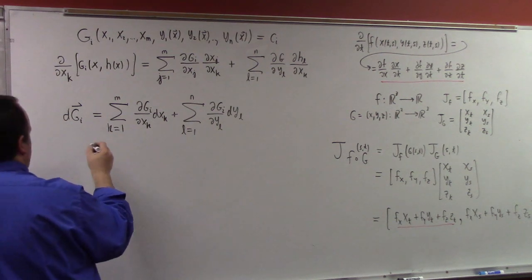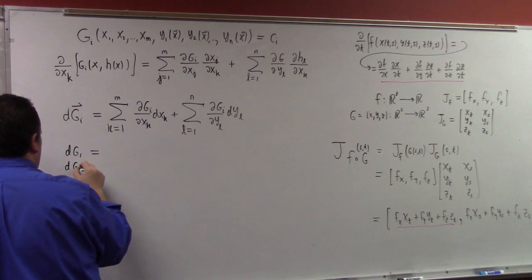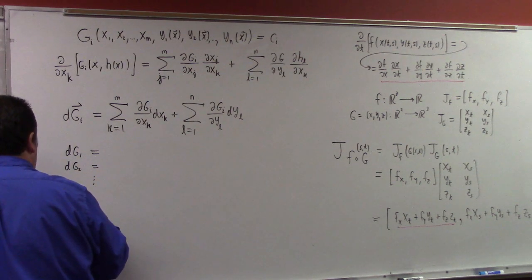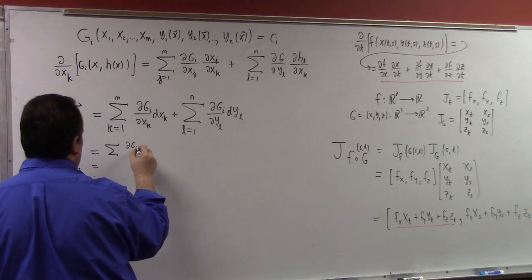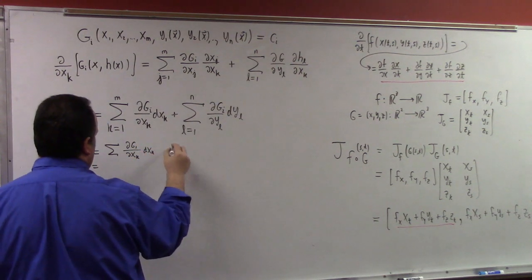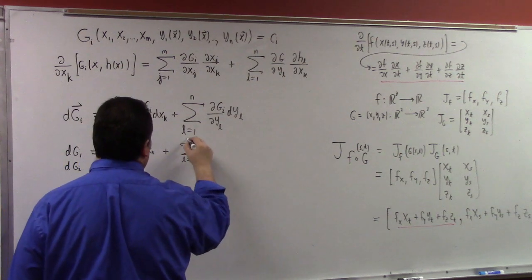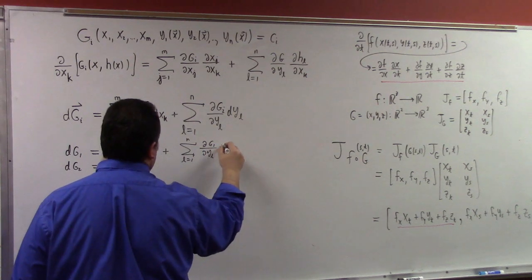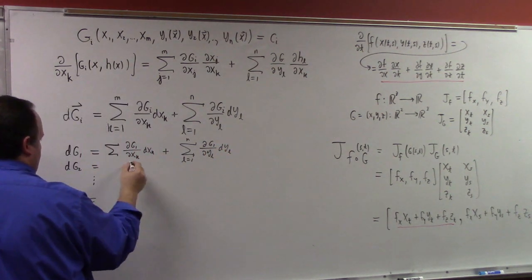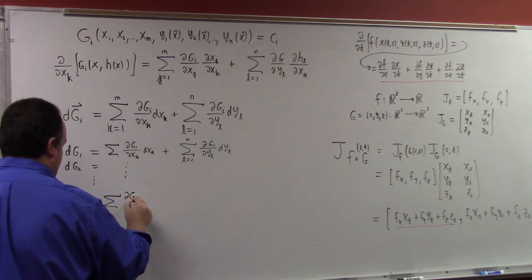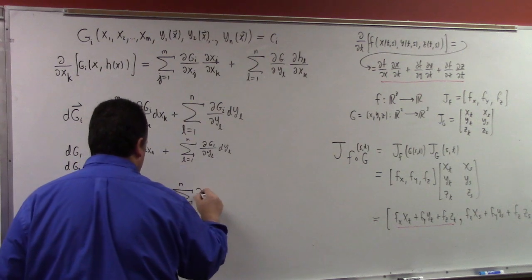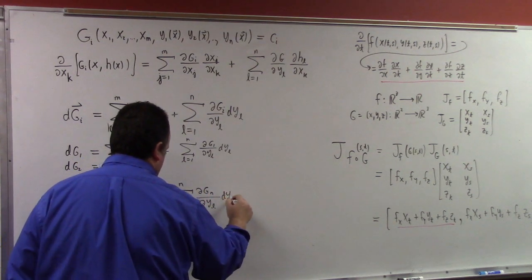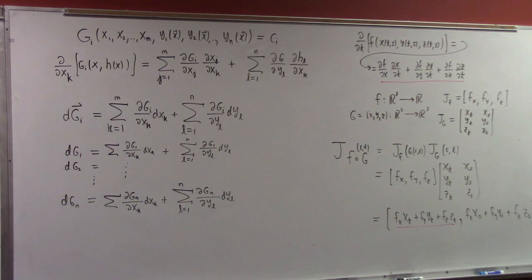Then you've got dg1, dg2, dgn, right? And down the line, right? So let's see here.